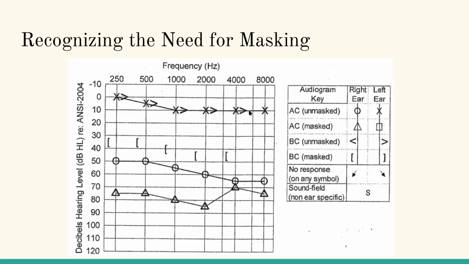That's why we mask for bone conduction. And we need to mask for air conduction because the difference between the air conduction thresholds in the right ear and the non-test ear, the left ear, and the other rule between the air conduction thresholds in the test ear and the unmasked bone conduction thresholds, is greater than 40 dB. So for those two reasons, we need to mask in the right ear, for both air conduction and bone conduction.